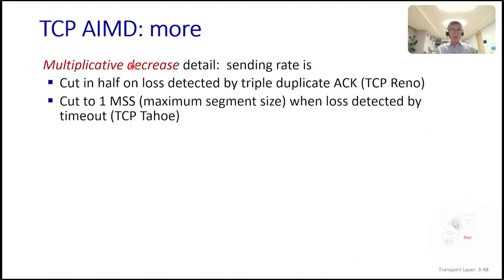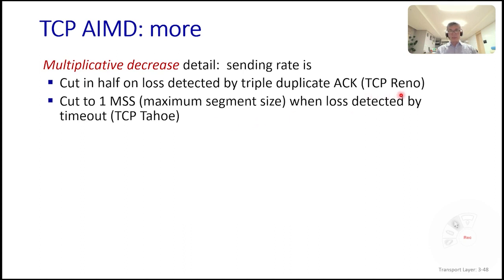So for TCP AIMD multiplicative decrease in detail, the sending rate is cut in half when loss is detected by triple duplicate ACK. That is TCP Reno, using this one. And it is cut to one maximum segment size when loss is detected by timeout. This is TCP Tahoe. So in TCP Tahoe's case, on duplicate ACK or timeout, CWND always goes to one maximum segment size.